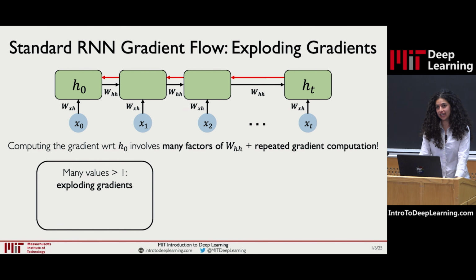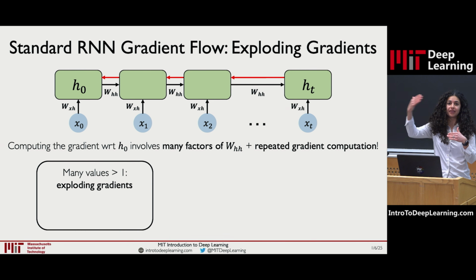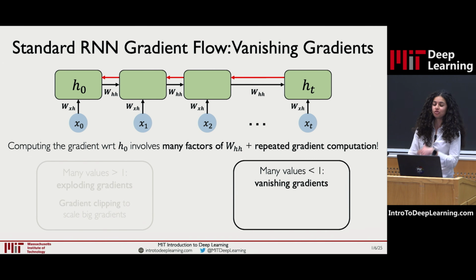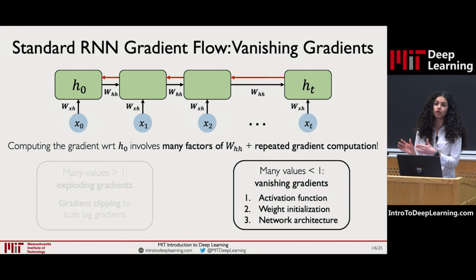But the important thing to keep in mind is that these standard RNNs can be somewhat difficult to train stably, because you could get many values that are larger than one, you multiply them together, and then the gradient explodes. Conversely, you could have many values that are very small, you multiply them together, and then the gradient vanishes, and it goes down to very, very close to zero.